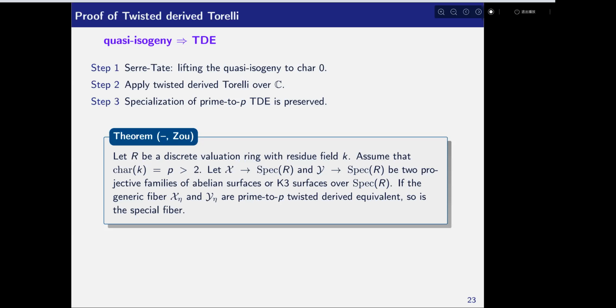So I have another question. You said that isogeny does not necessarily imply derived equivalence, but does it imply it in the higher dimensional case, for higher dimensional abelian varieties?